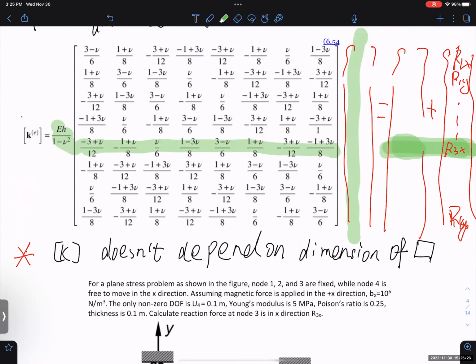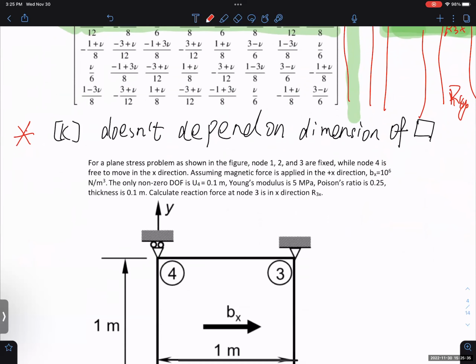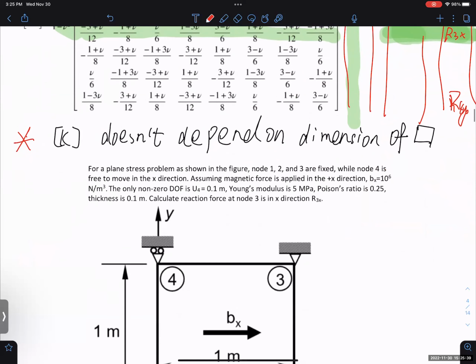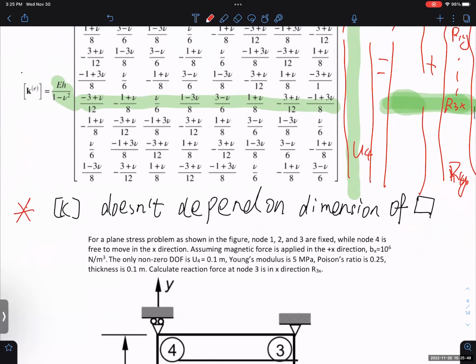And you can get an equation, right? And for all the nodal degrees of freedom, the only non-zero degree of freedom is U4. All the others are zero. So you can get this equation and calculate R3X.